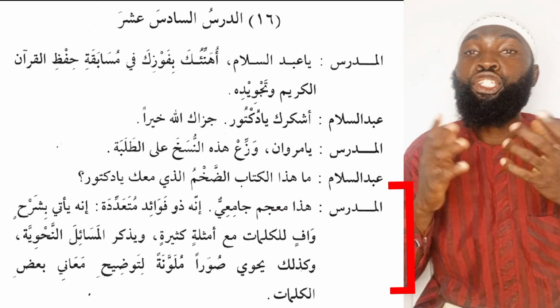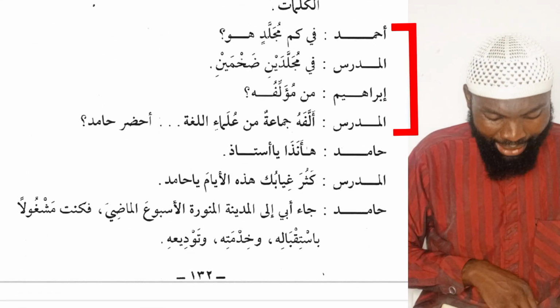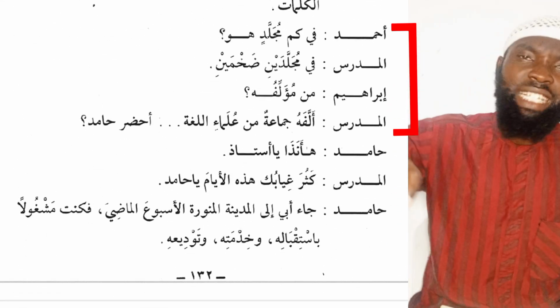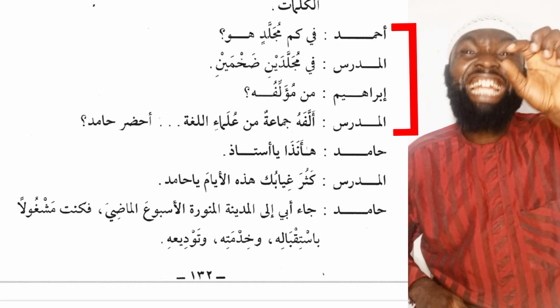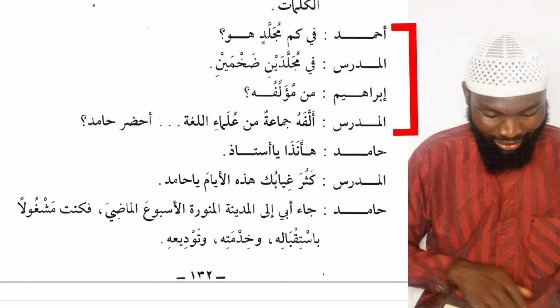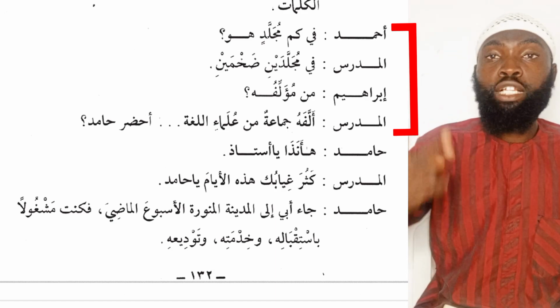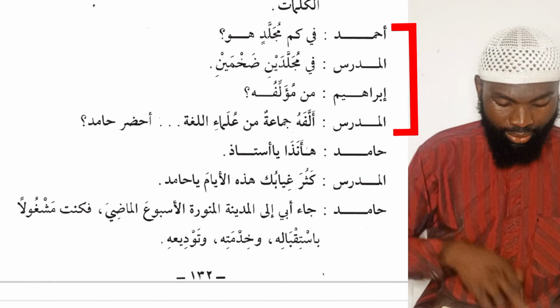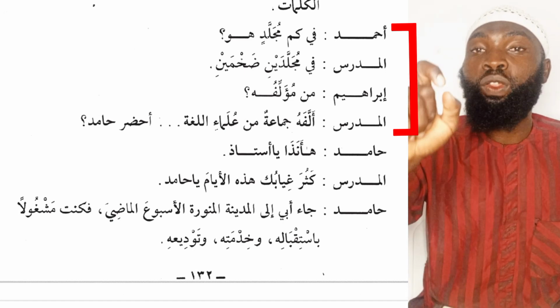And this word is used to explain some of the words. Ahmad said, Fi kam mujalladin huwa? In how many volumes is this dictionary? Al-Mudarris said, Fi mujalladayni dakhmayn. In 2 bulky volumes. Ibrahim said, Man mu'allifuhu? Who is the author?